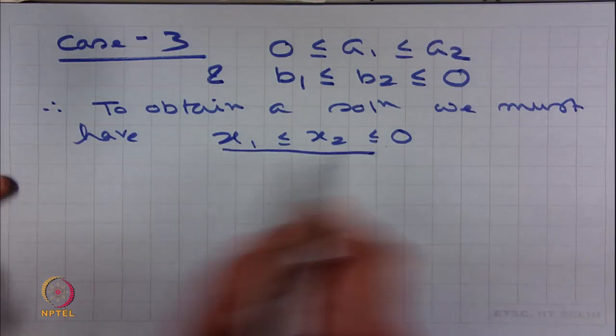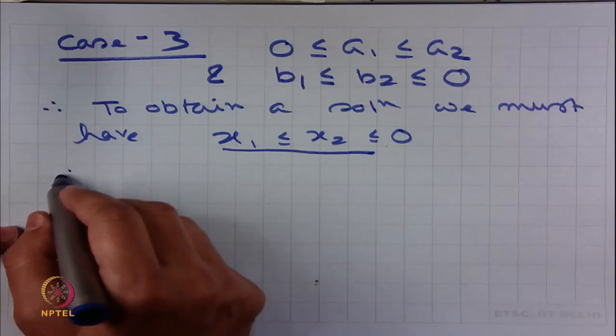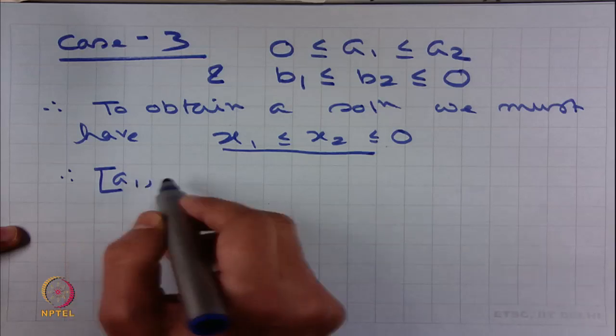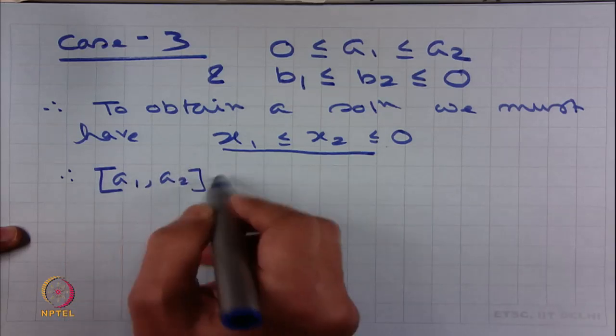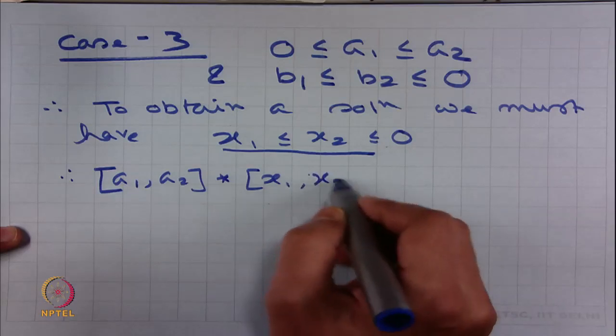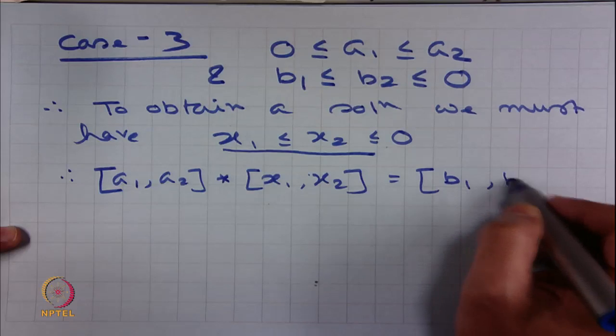Therefore, unless x is all negative, we cannot get a solution in this case. Therefore, A1, A2 star x1, x2 is equal to B1, B2.